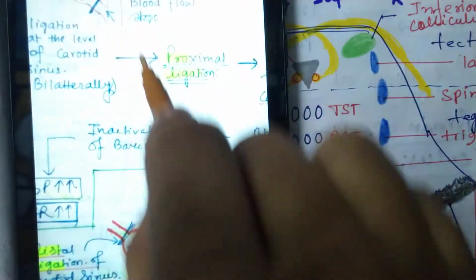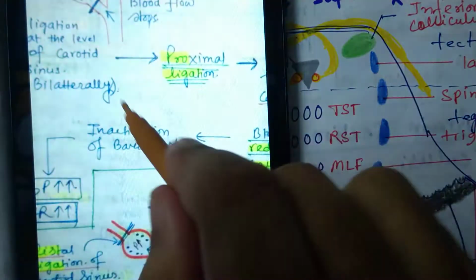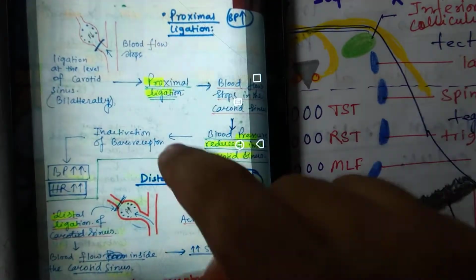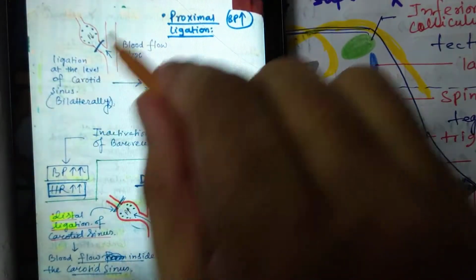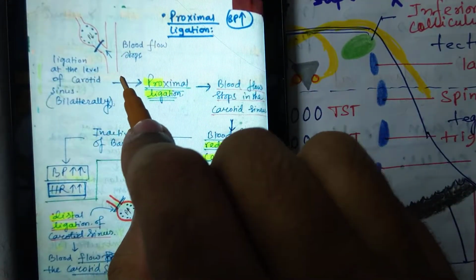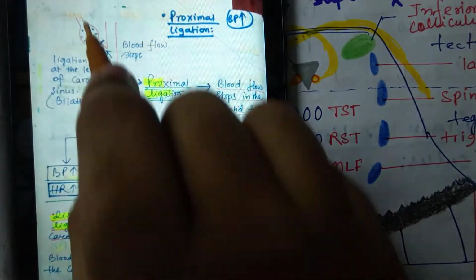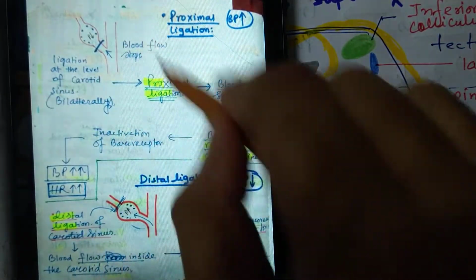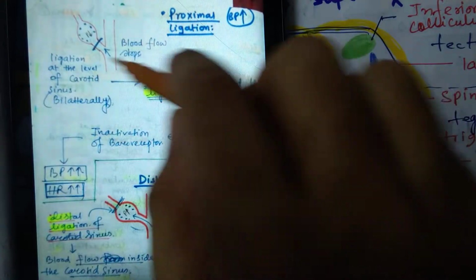Now no blood enters inside the carotid sinus, causing reduced blood flow and also reduced blood pressure inside the carotid sinus. So proximal ligation causes no entry of blood inside the carotid sinus, and that also causes less blood pressure inside the carotid sinus.